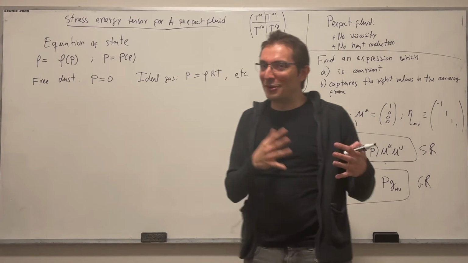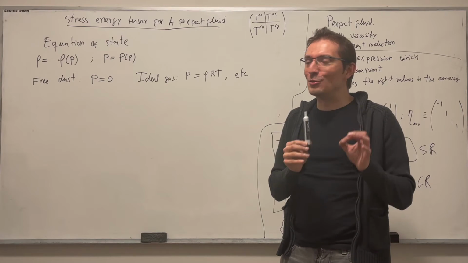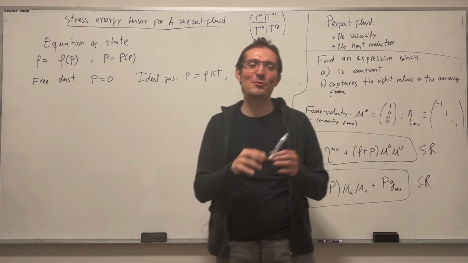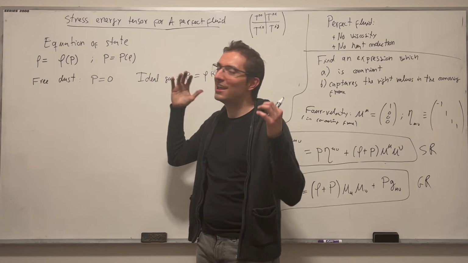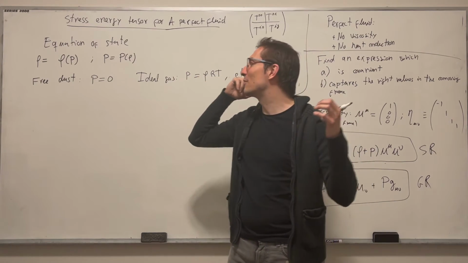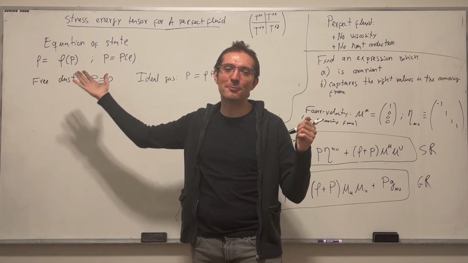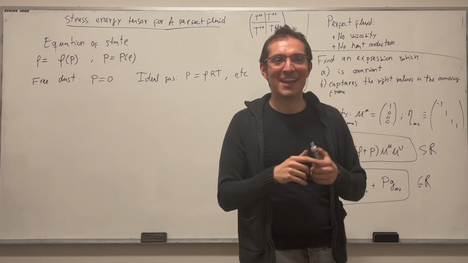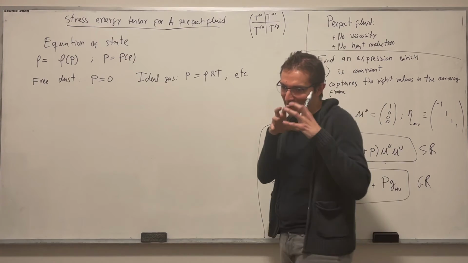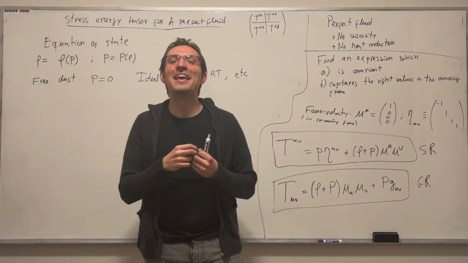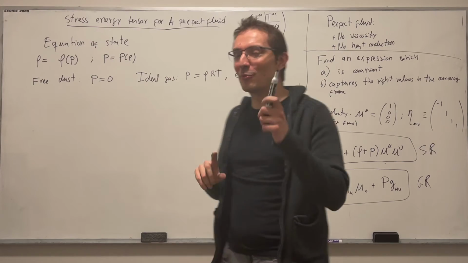So those differences are actually due to the equation of state, how the relationship between the pressure and the density of the fluid is established by the internal dynamics of the fluid. Okay? All right.